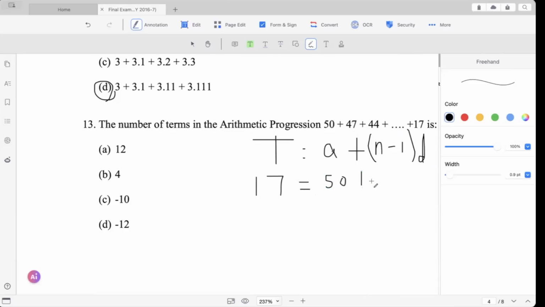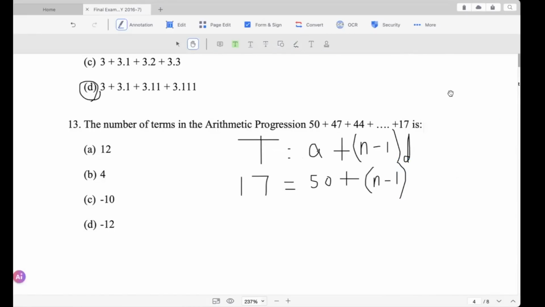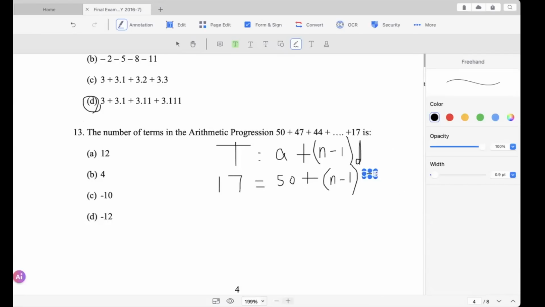N is what I'm trying to find, so I have n minus 1. And then the common difference, you subtract. So 47 minus 50, and I'm hoping you are seeing it's going to be negative. What are you saying? Negative 3. So therefore, I'm going to have my common difference to be minus 3.